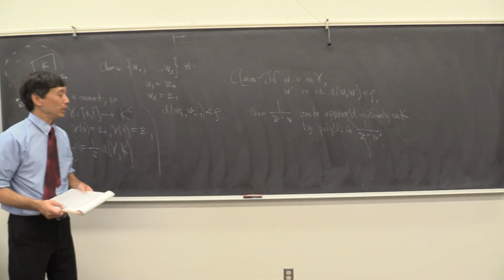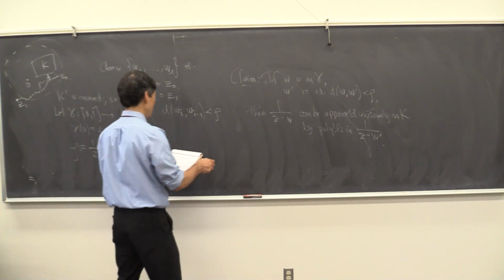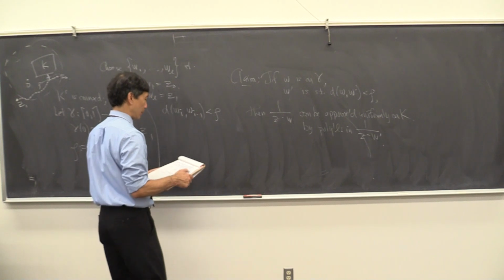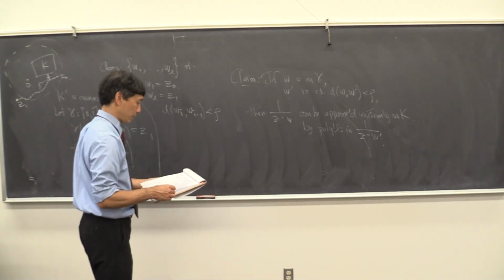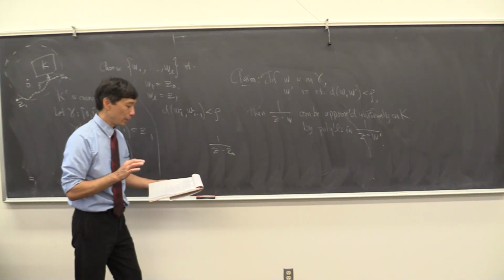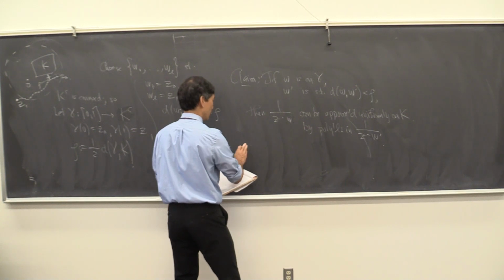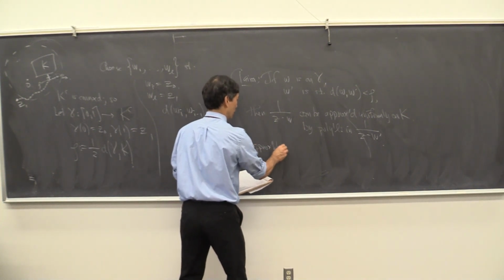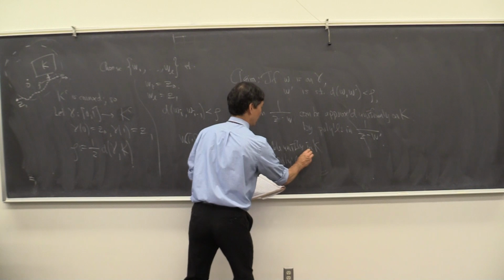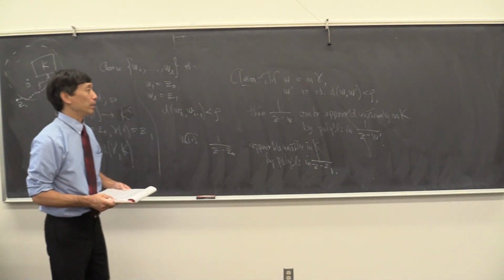Okay, so this is the cool thing, right? We wanted to show that this function could be approximated uniformly in K by polynomials in 1 over Z minus Z1.